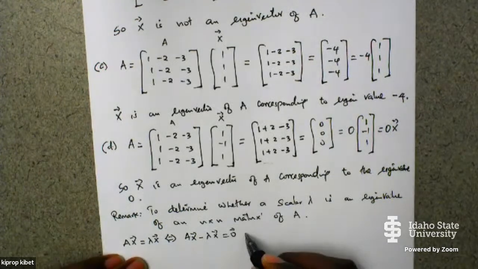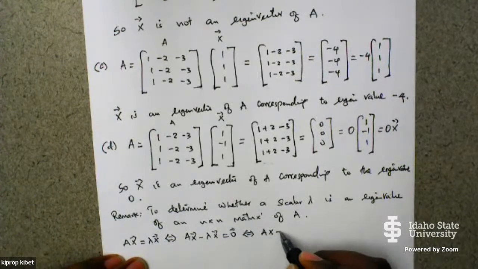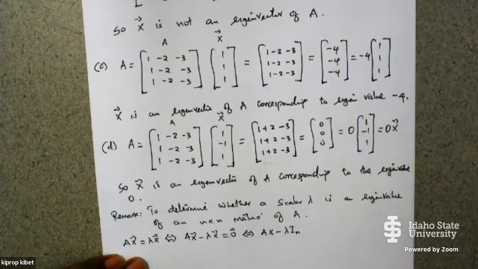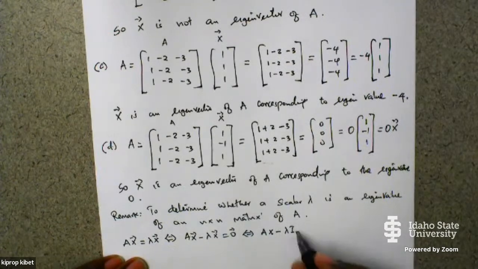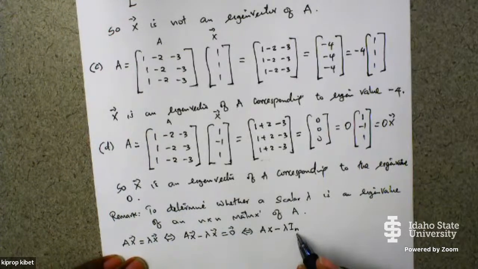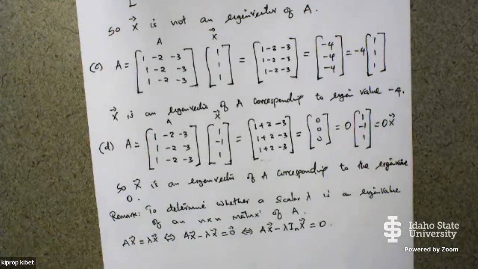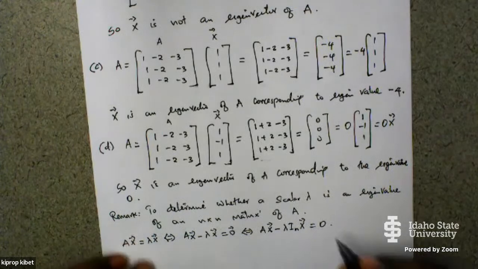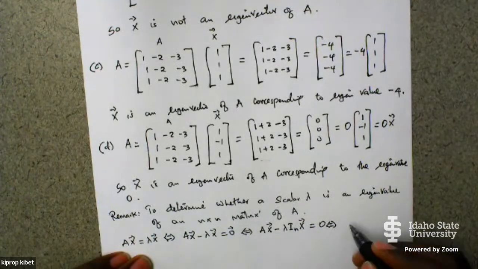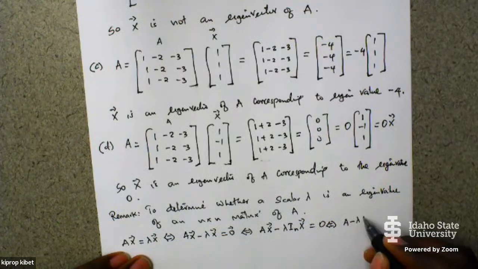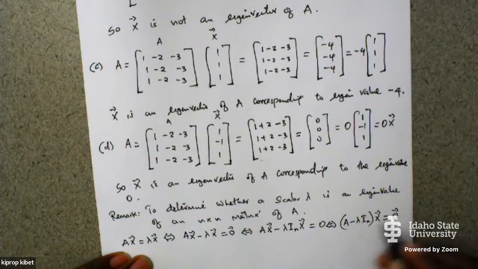Then also AX minus lambda multiplied by the identity. If A is an n by n matrix, then we can still multiply this lambda by the identity, which is also n by n, multiplied by x equals 0. And then we can still factor out x here, which gives A minus lambda I, times x equals 0.